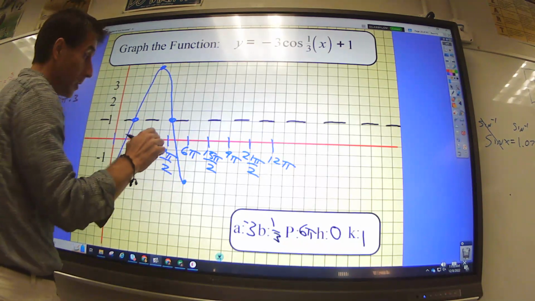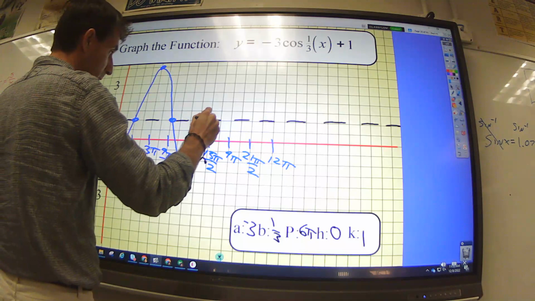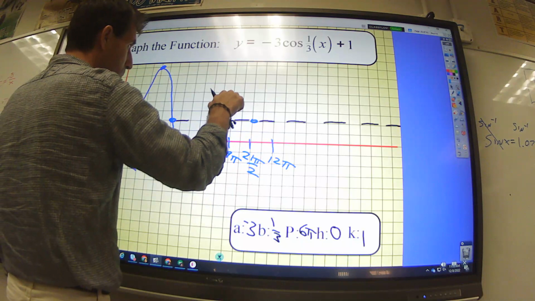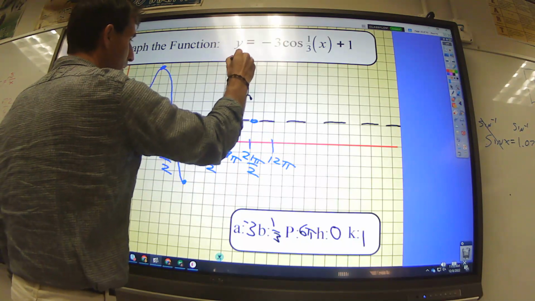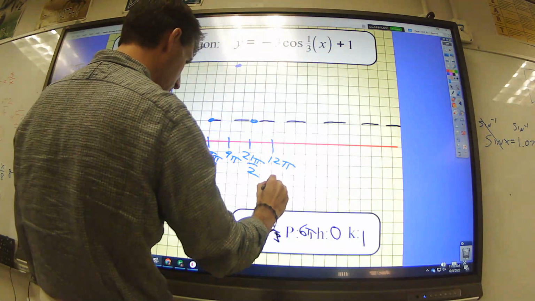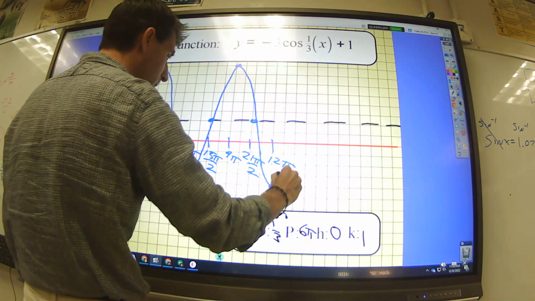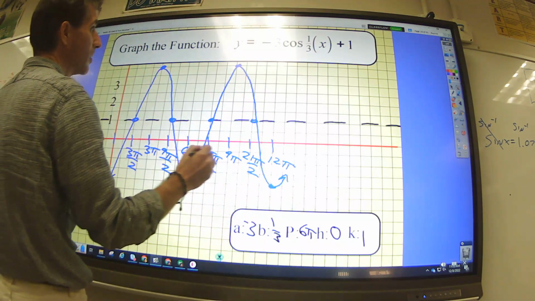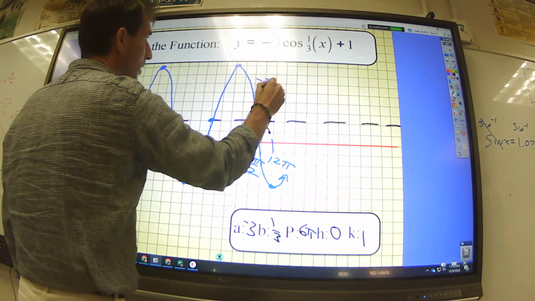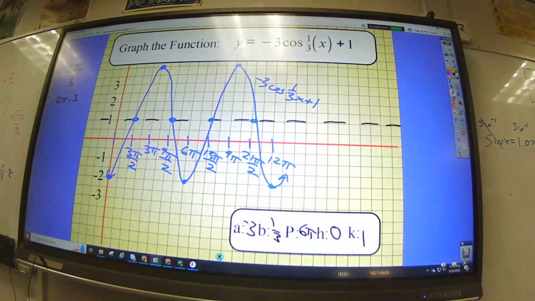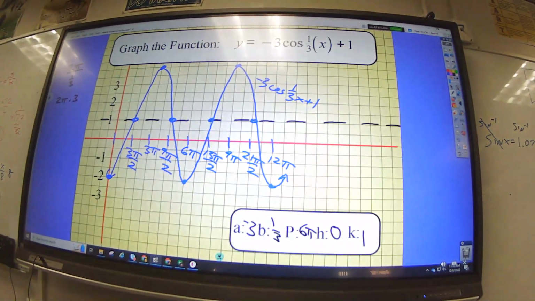So then, I got 0, I go up 1, 2, 3, even with that, I go down, even with this, and I go curvy. Do you guys do the eyeball test when you look at it? And let's label that -3 cosine 1/3 x plus 1. I'm going to do the eyeball test. I think that's okay.